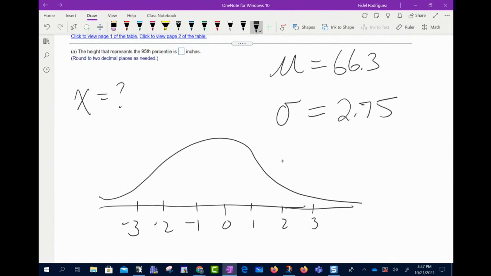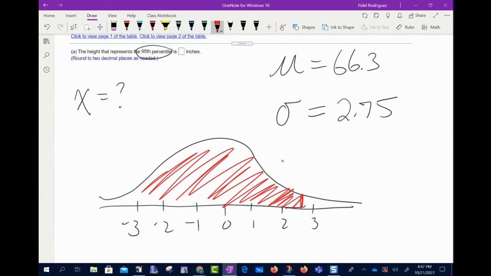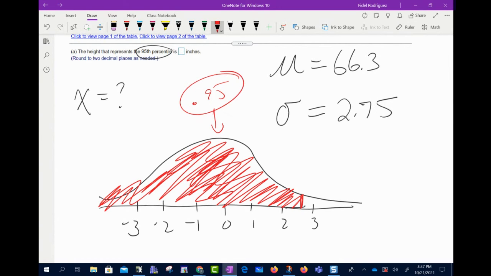The 95th percentile means that we're looking for a value somewhere over here. I don't know if it's between 2 and 3, between 1 and 2, or more than 3. We're looking for a value so that the area underneath this curve is 95% or 0.95. Remember, the total area is equal to 1.